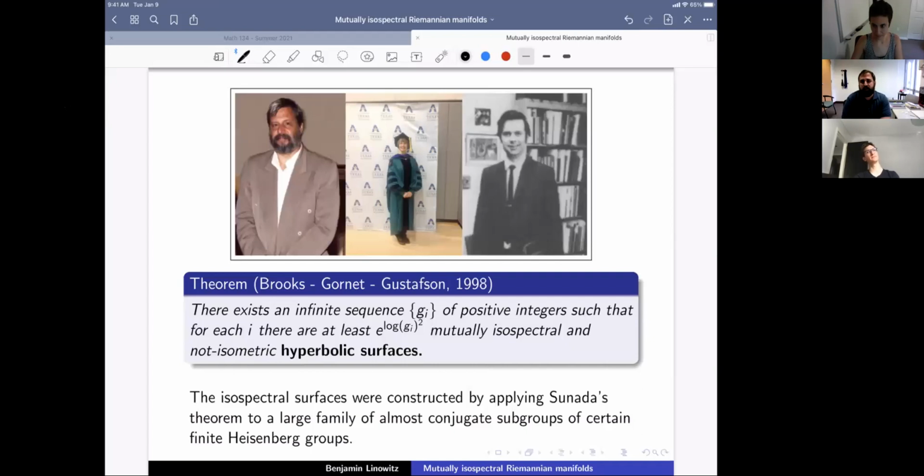I think it'd be an interesting question just in group theory to try to classify which finite groups contain the largest number of almost conjugate subgroups relative to the order of the group.